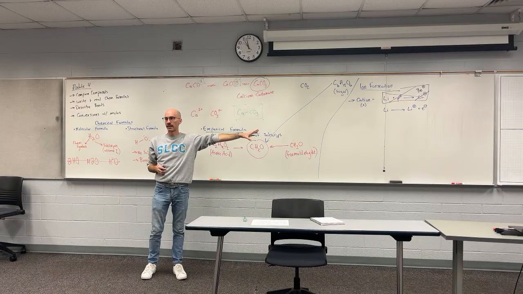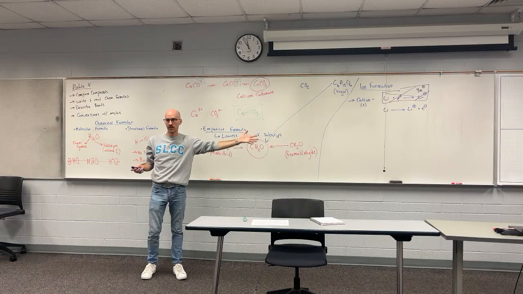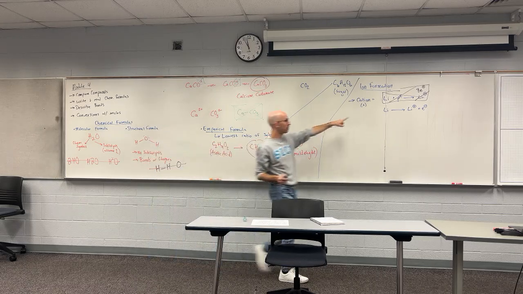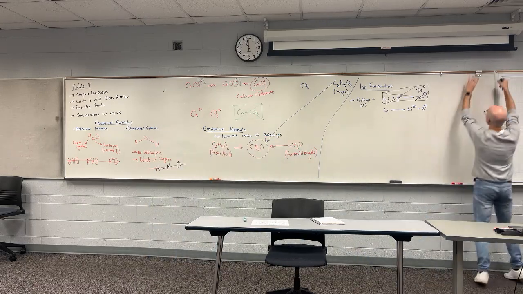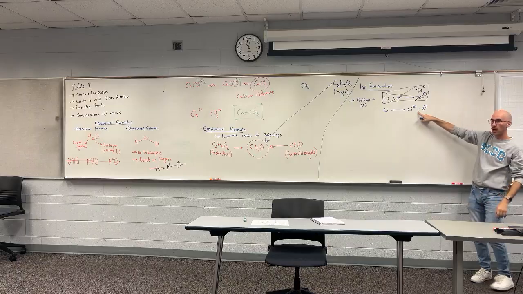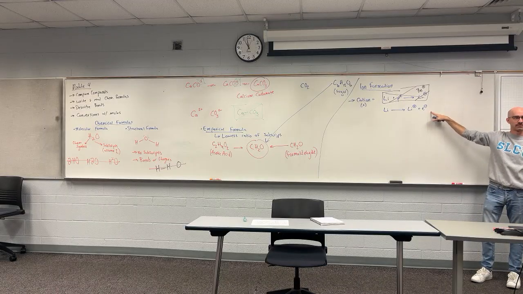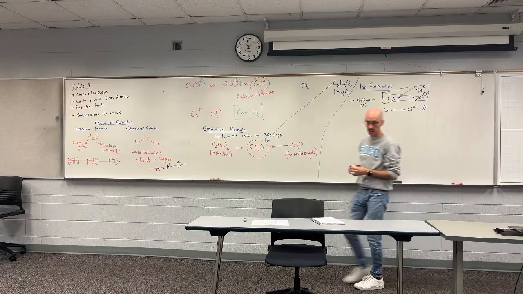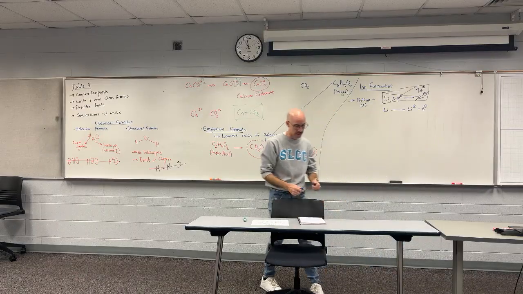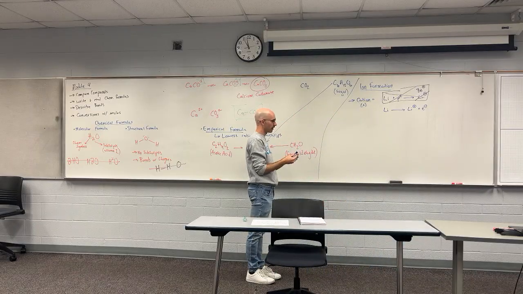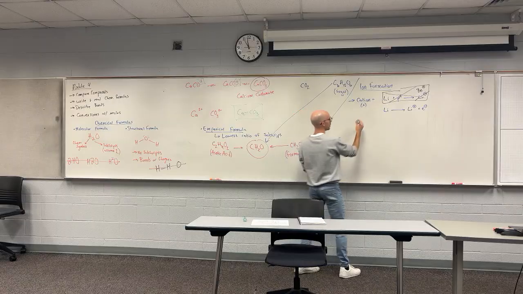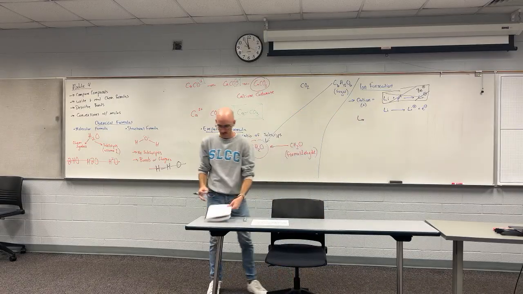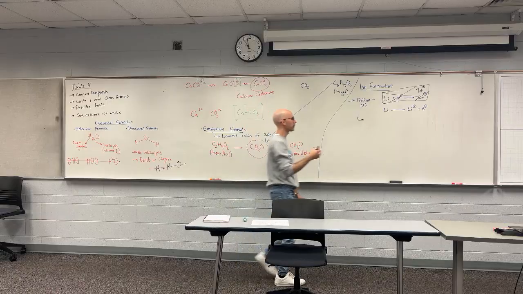Neutral. I cannot create charge out of nothing. Charge must be balanced. Lithium neutral becomes lithium cation plus an electron. Neutralizes each other. That's how you make an ion. You take something and you take away its electron. This happens most often for our metals.